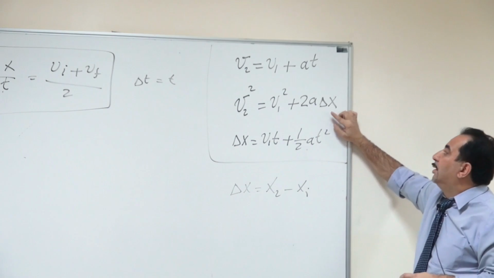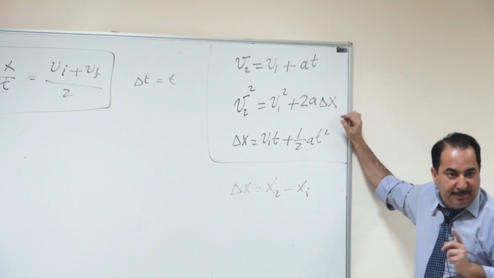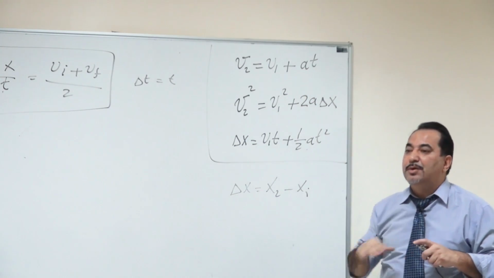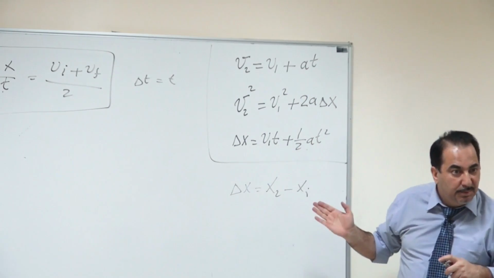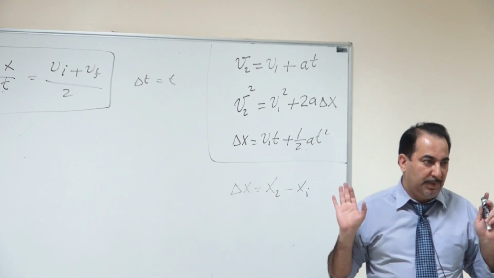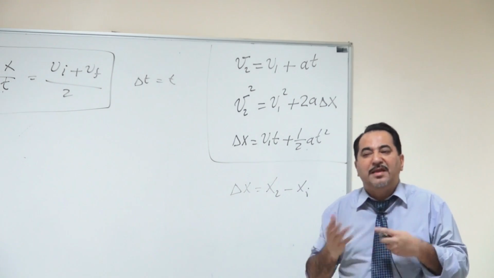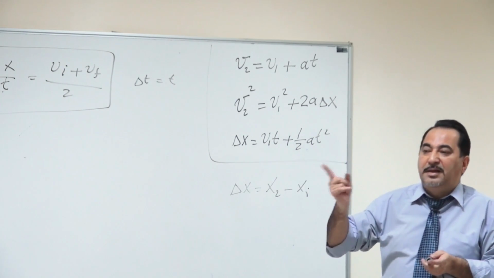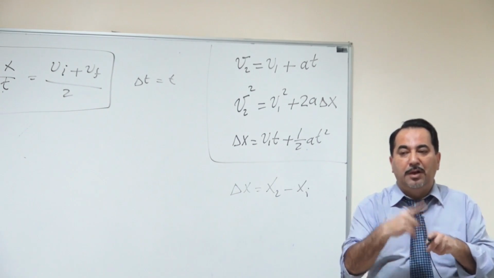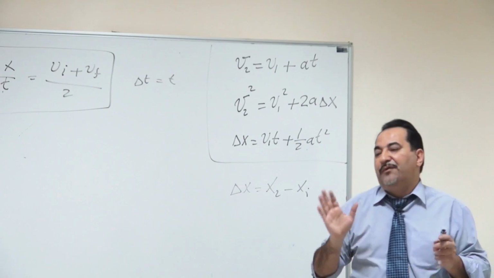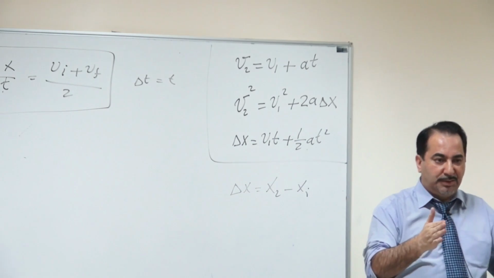Number two, delta x is not a distance. In these equations, we don't have distances. Do we have distance? Or displacement? Are they equal? No. So what if I have a question, find the distance? Remember, distance and displacement are equal in one condition. First you have to check between those 2 points.